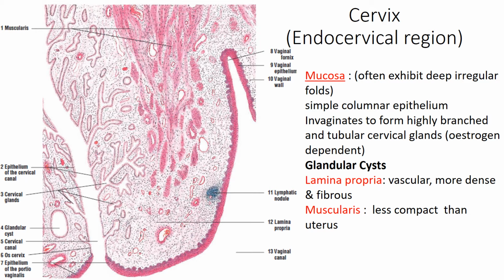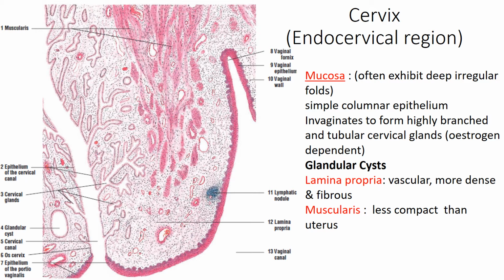Otherwise, the mucosa of the cervix doesn't exhibit any changes like that of the lining of the functional layer of the uterus, because there is no spiral artery which undergoes hormonal changes.